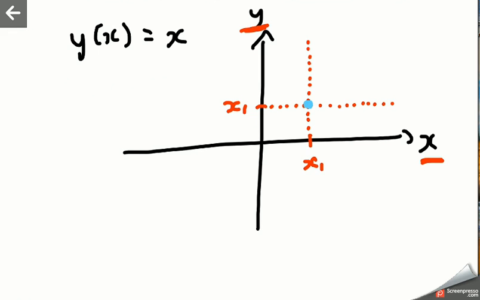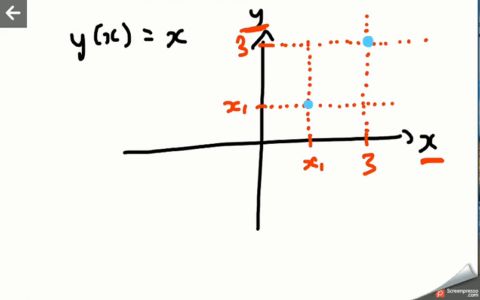Do exactly the same thing with any other point. x2 doesn't really matter. In case these x1s are annoying you, I'll give this a number. Let's call it 3. If I put 3 into the function, then 3 is definitely coming out of the function. And to draw the point on the graph of y of x equals x, it has to be this one here that has a horizontal distance across of 3 and a vertical distance of 3.